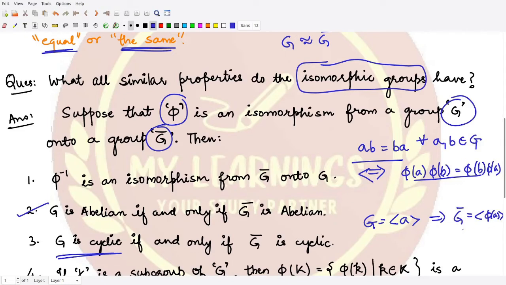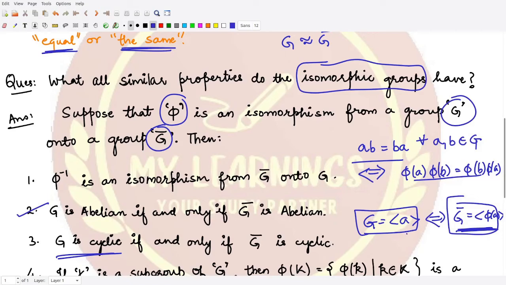And conversely, if G bar is generated by phi of A, then G is also generated by A. So it means that if G is cyclic, G bar is also cyclic, and conversely if G bar is cyclic, G is also cyclic.